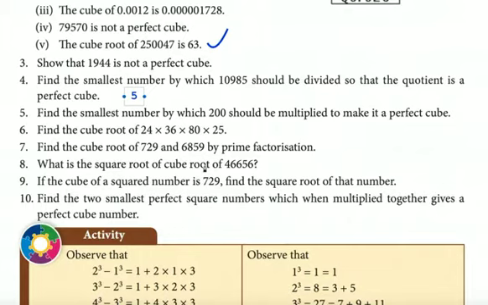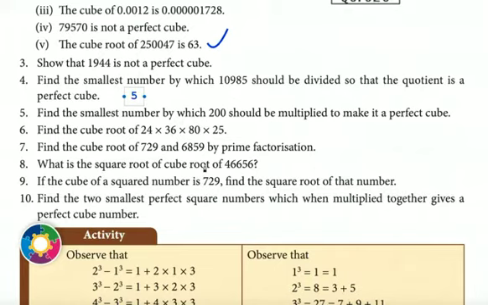Again 600 results. 600 is not a perfect cube. Again go with 4, 800. 800 is not a perfect cube. So it has to be multiplied with 40 to make it a perfect cube.